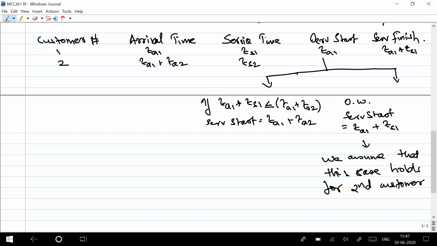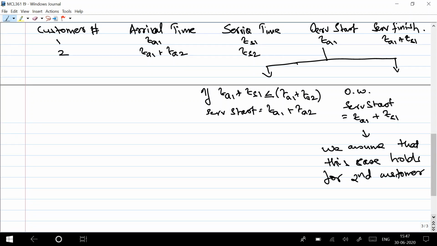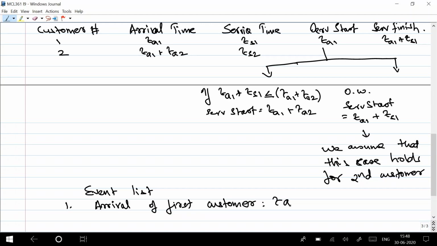Once you know this, then you can actually create an event list. You create an event list in ascending order of the event time. So event list 1 is the arrival of the first customer, TA1.